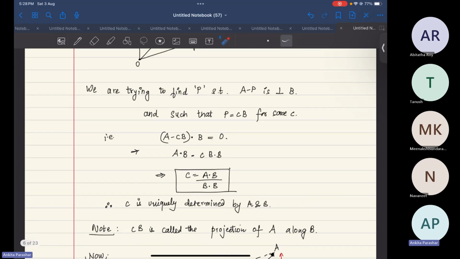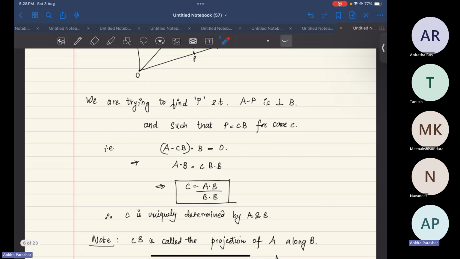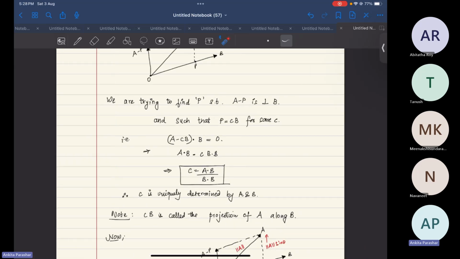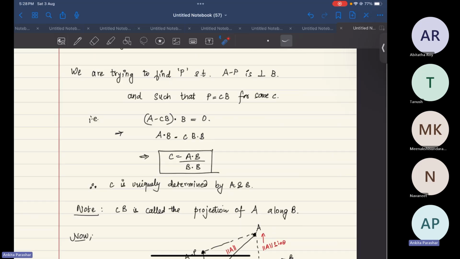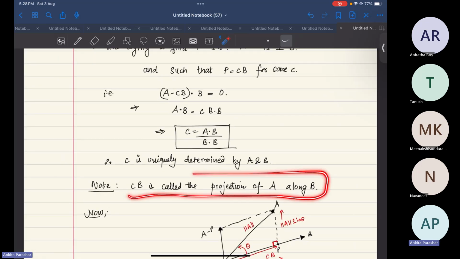That means CB is nothing but the projection. If I project my A along B, then this is that point which is perpendicular to the vector B. So this is how we say that CB is the projection of the vector A along the direction B. Is that okay, the way we are calling it CB?